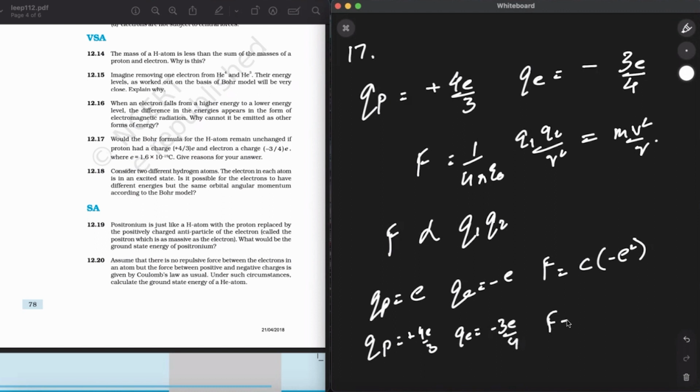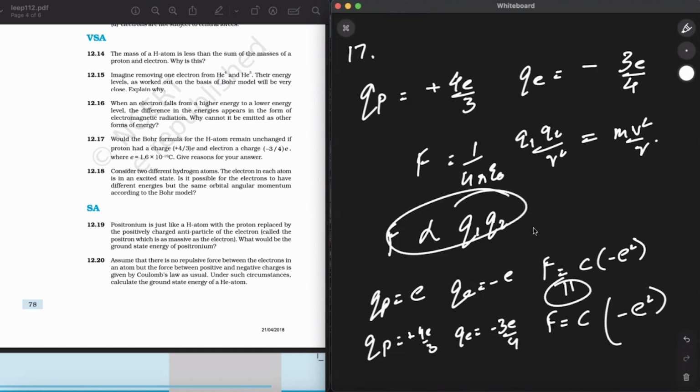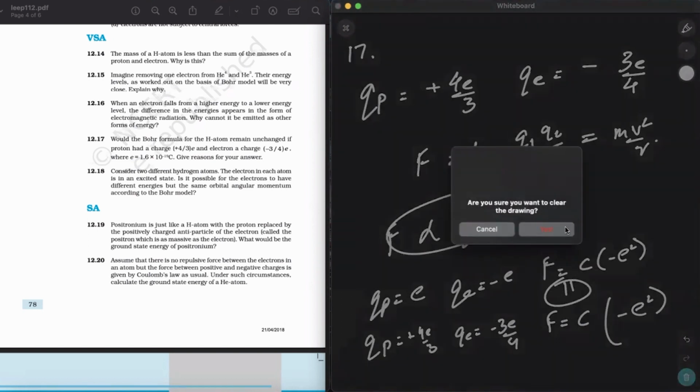To remove the proportionality, I have used a constant C, and multiplying 4 by 3 gives minus e square. So it is the same, and the force is under normal condition with no change. The formula will be unchanged.